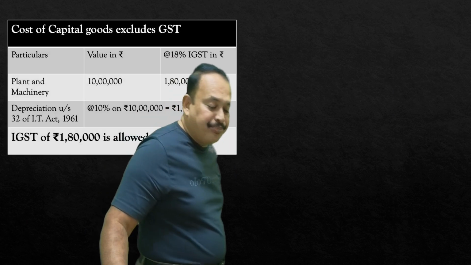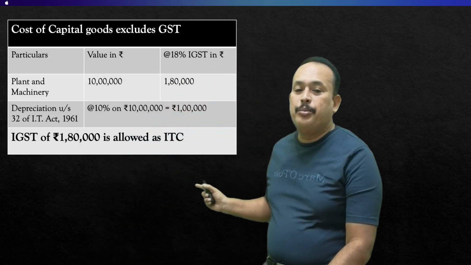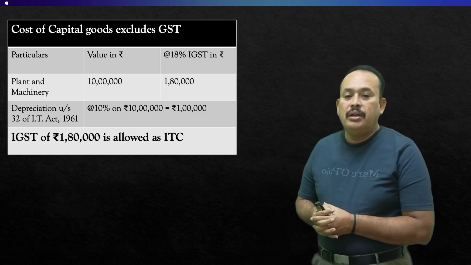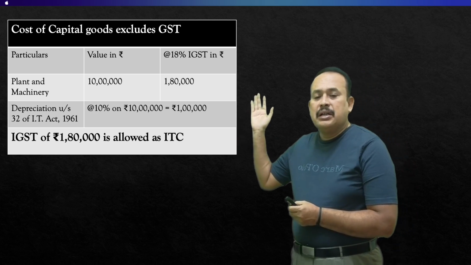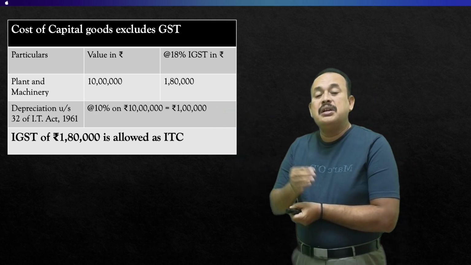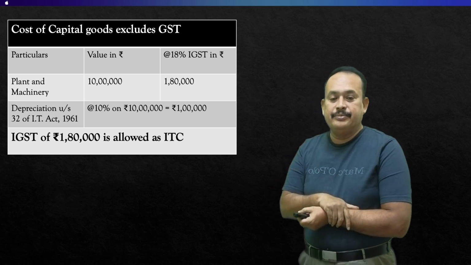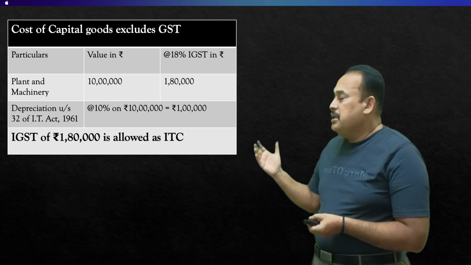Look here, I am bringing one example to your notice. If, in the given case, the cost of capital goods excluding GST is used for claiming depreciation, very good. In that case, ITC is well allowed.